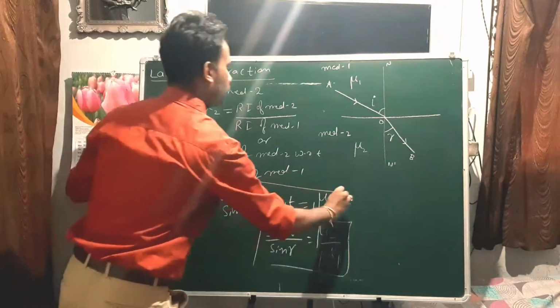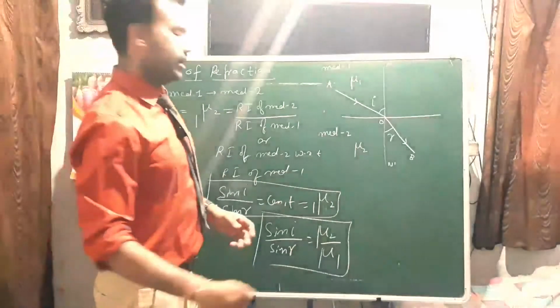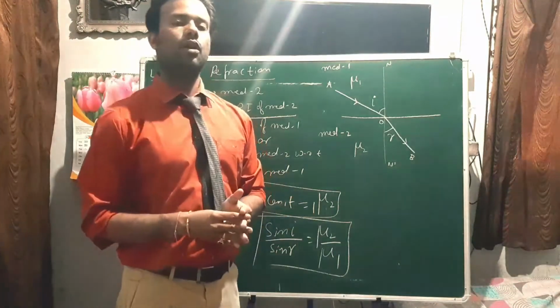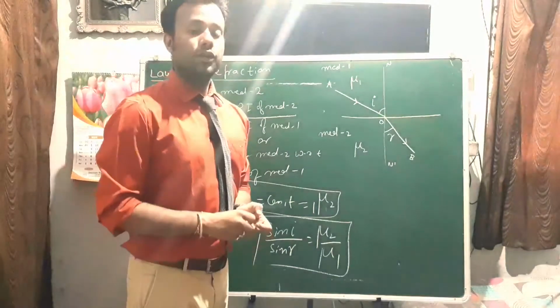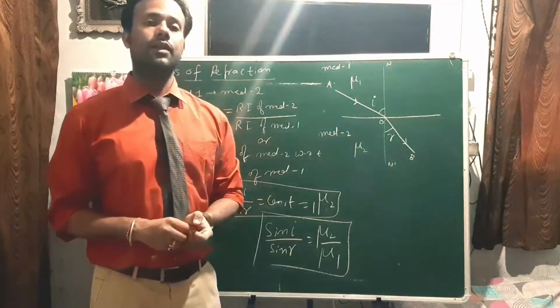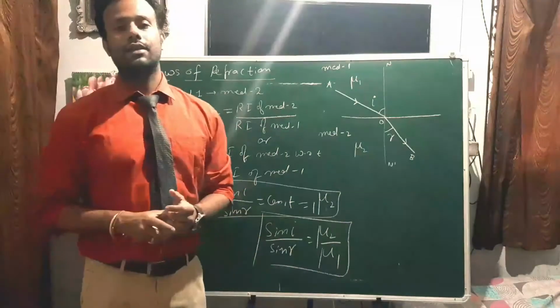So both these formulas are correct. You can write in either form, 1 mu 2 or mu 2 by mu 1. So that's the value of the refractive index and the complete Snell's law.